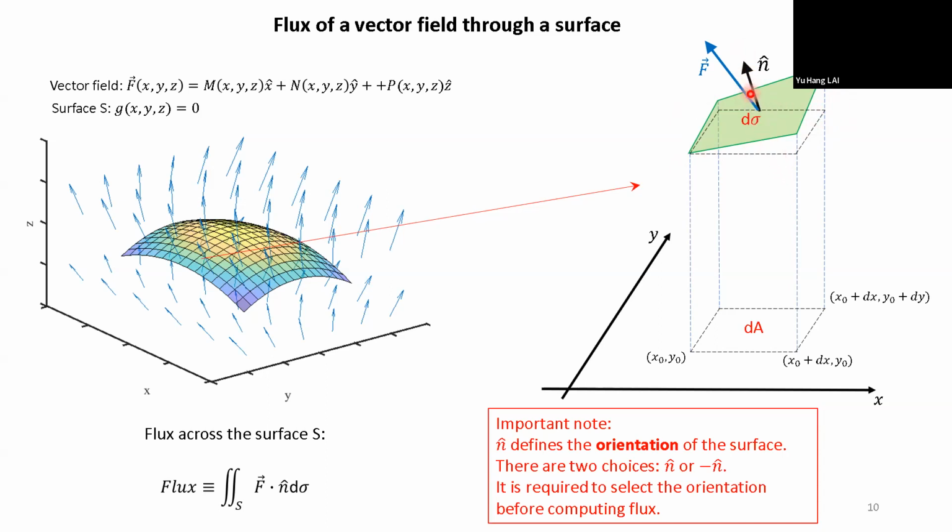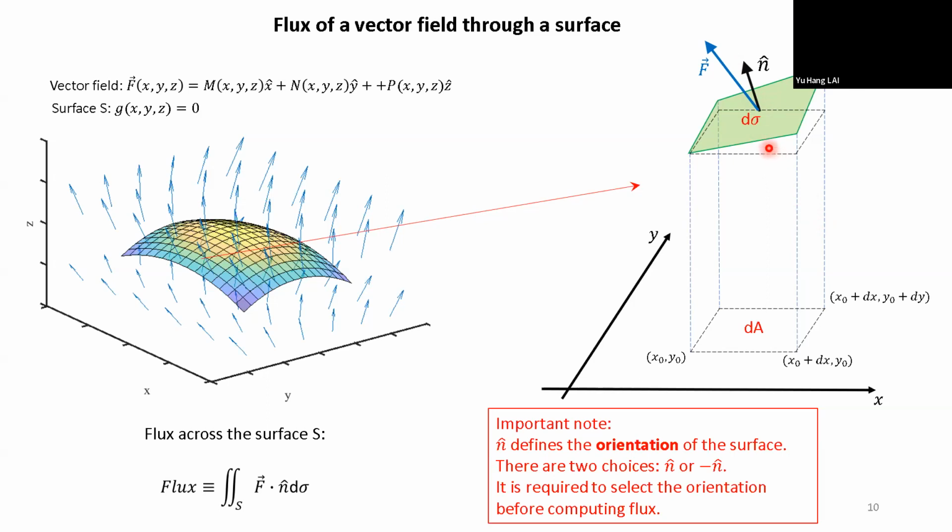That direction defines the orientation of your surface. So basically it defines which one is your front, which one is your back. Before you do the flux integral, it's important for you to make a decision first, whether you pick this one as your n or the other one, the one that's going down. You need to pick that first.